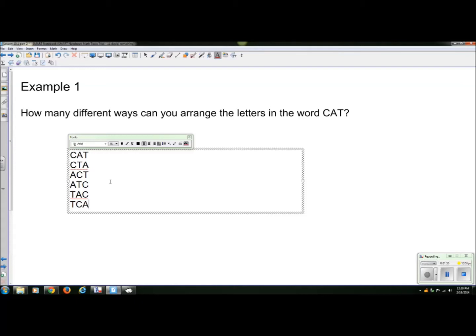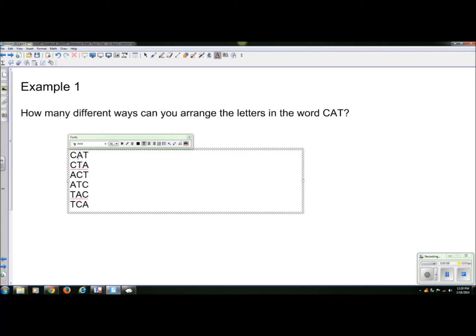So let's think back to the fundamental principle of counting. For the first letter of the word, I could choose C, A, or T. If I chose C, then I have two other possibilities for the second letter: I could put the A first, or the T first.